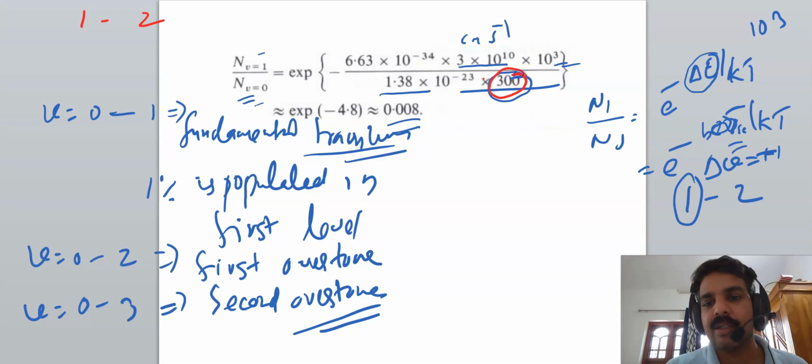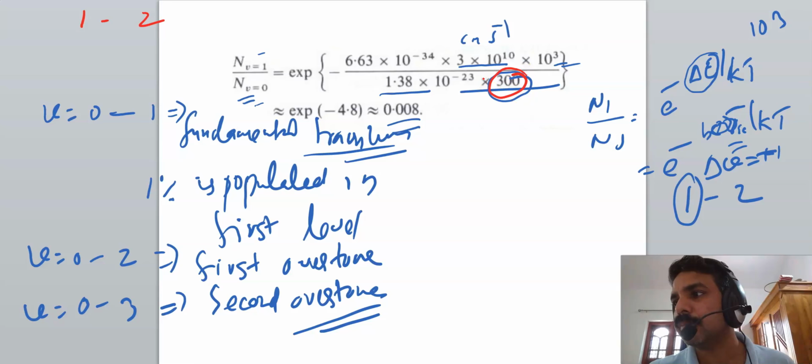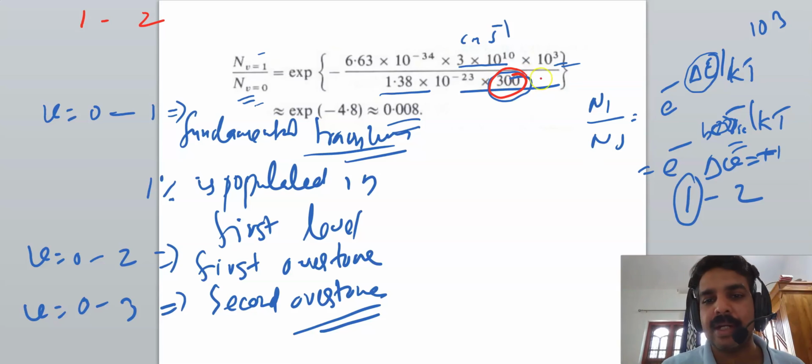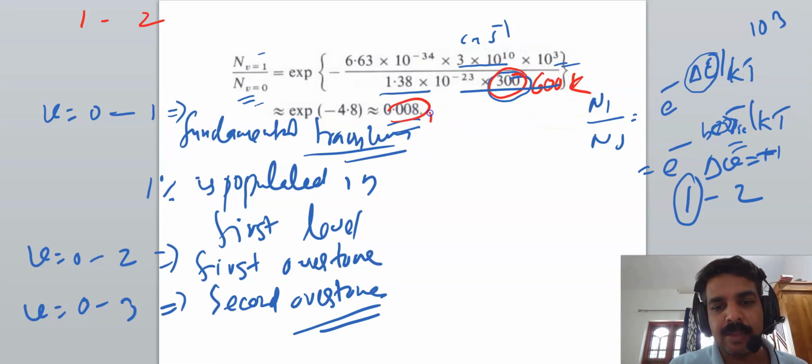If you increase the temperature to 600 Kelvin, this value becomes 0.09. That means in that case there is 10% population in the first level.